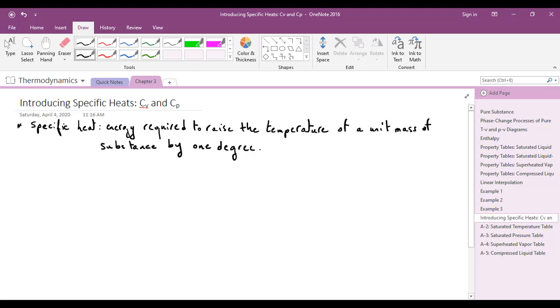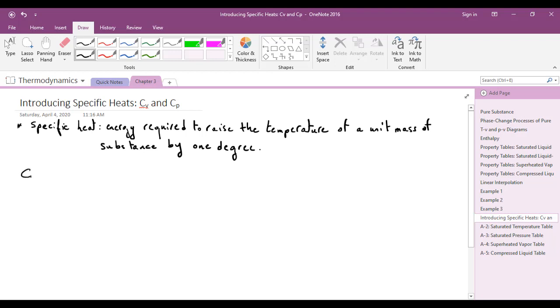As we know, different substances need different amounts of energy to raise their temperature by 1 degree. So the specific heat has different values for different substances. What do the subscripts V and P mean?